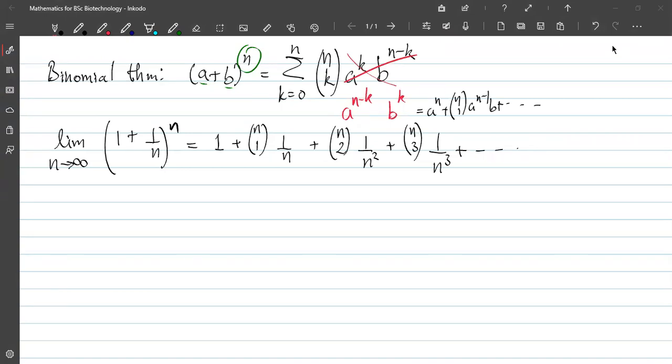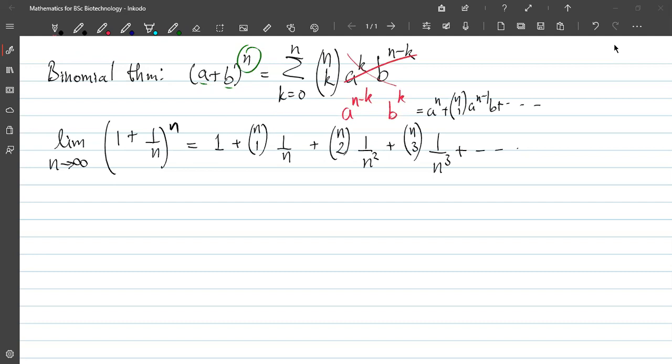Okay. So now if you remember, second term is b square. No, the first term is nc0 a to the n, b to the power 0.